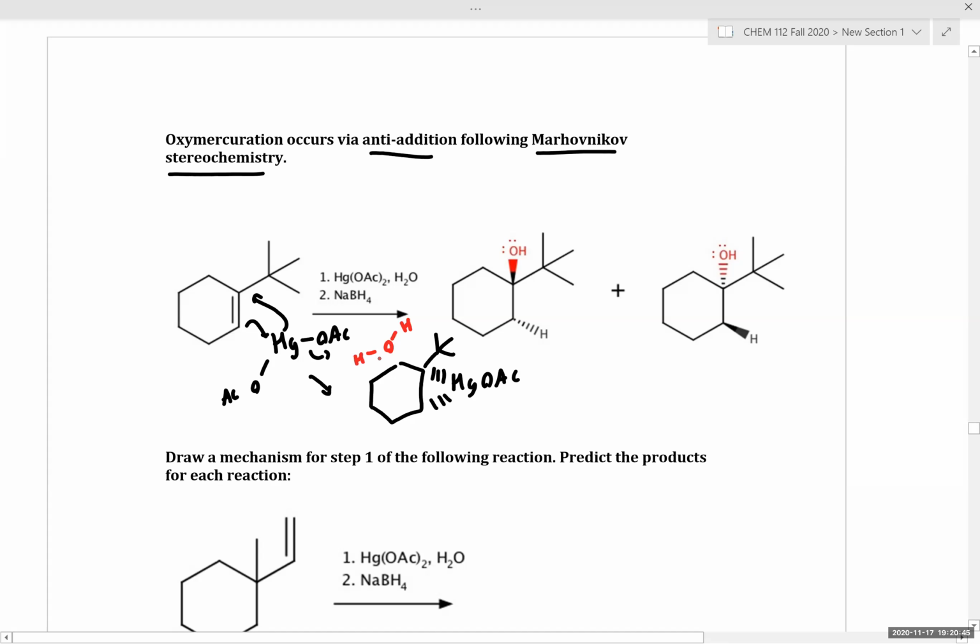So just to make sure we're clear, does the attack of our alcohol occur at the same or opposite face to our mercurinium ion?